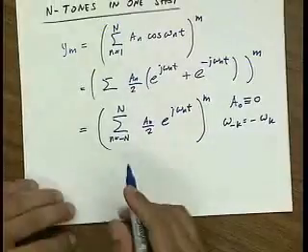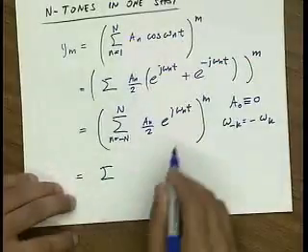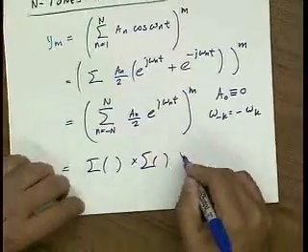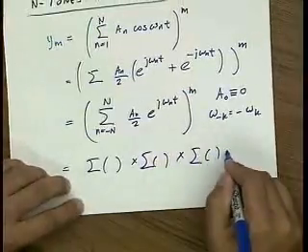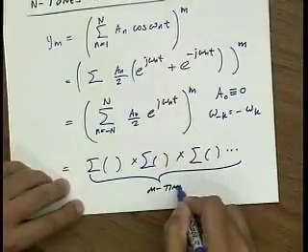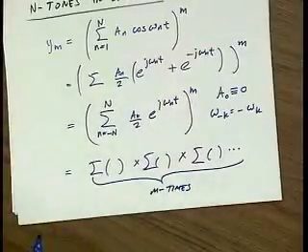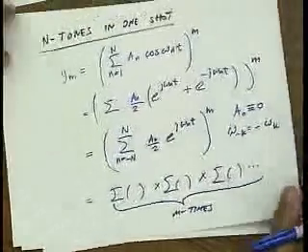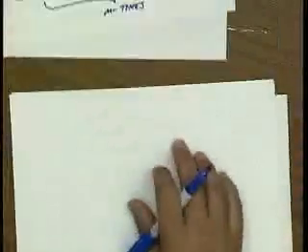If you think about this, this is like taking each sum and multiplying it out m times. And so I can take the product of sums and write it as one supersum.